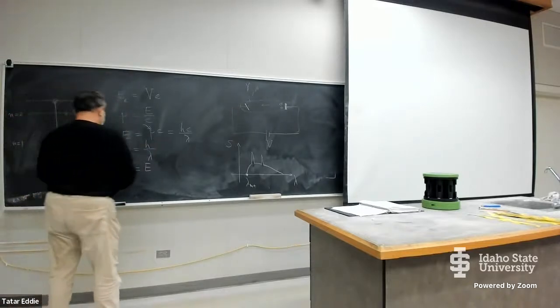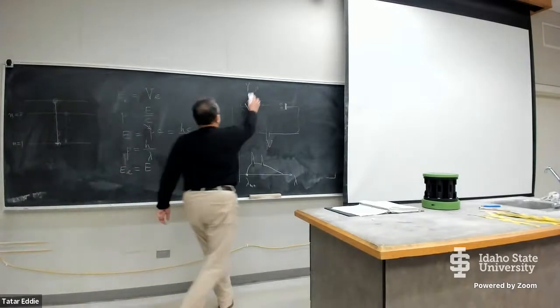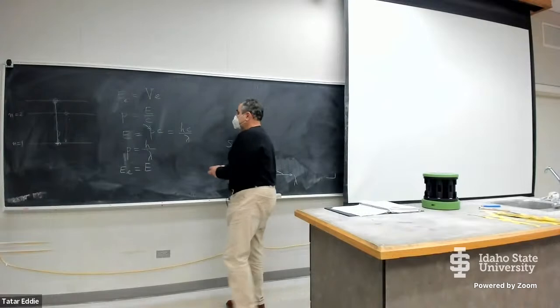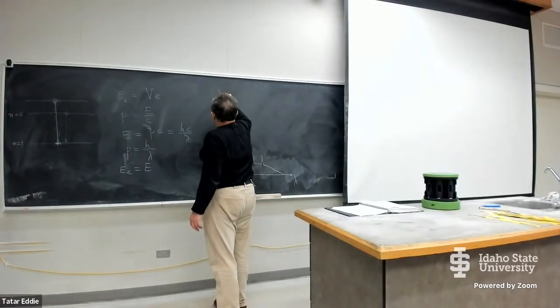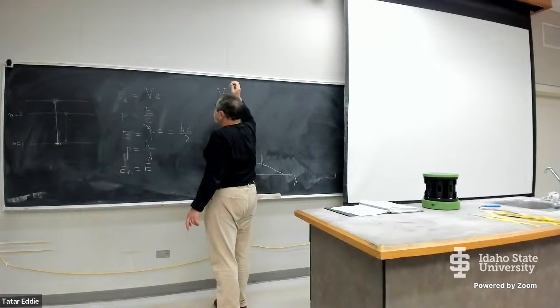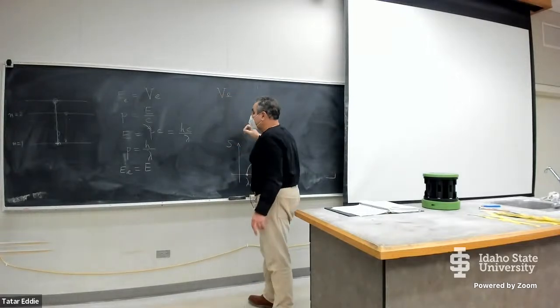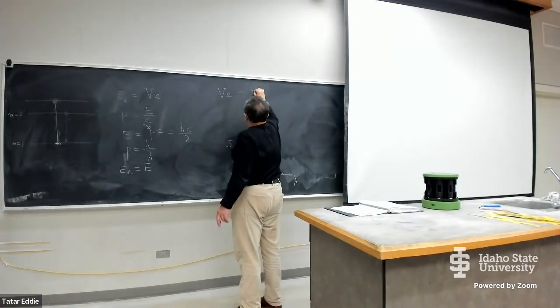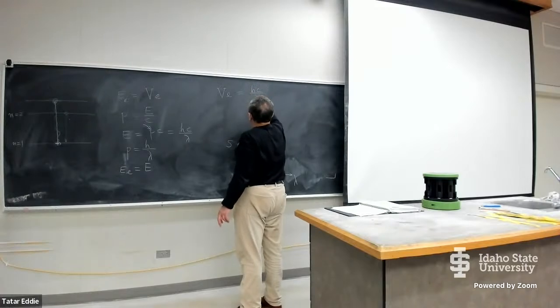In other words, you must have the voltage difference between anode and cathode multiplied by the elementary electric charge equal to Planck's constant multiplied by the speed of light and divided by the wavelength.